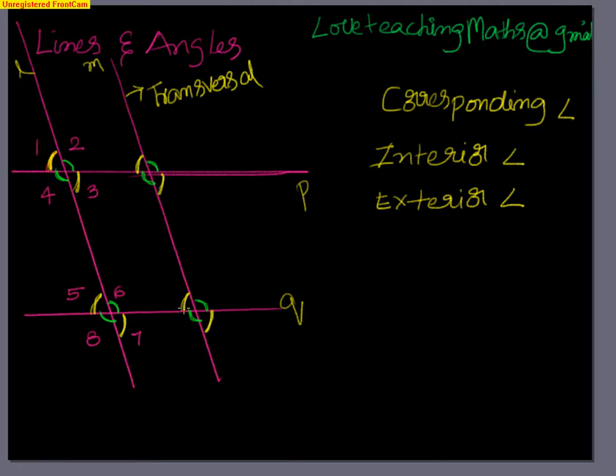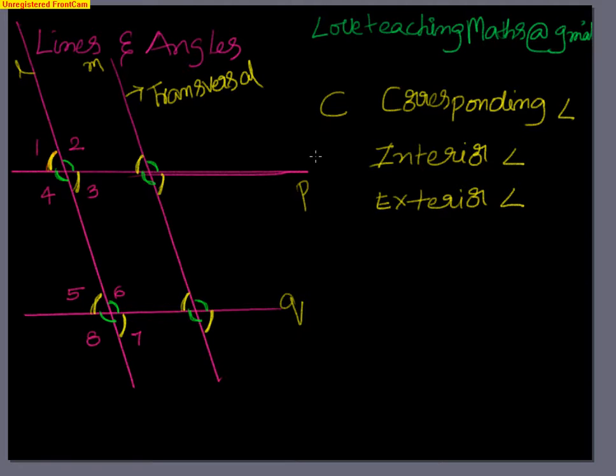Because you have taken the straight line and just moved it to a different location without changing the angle. So they are parallel to each other, and they will be making the same angle. These angles are called corresponding angles.